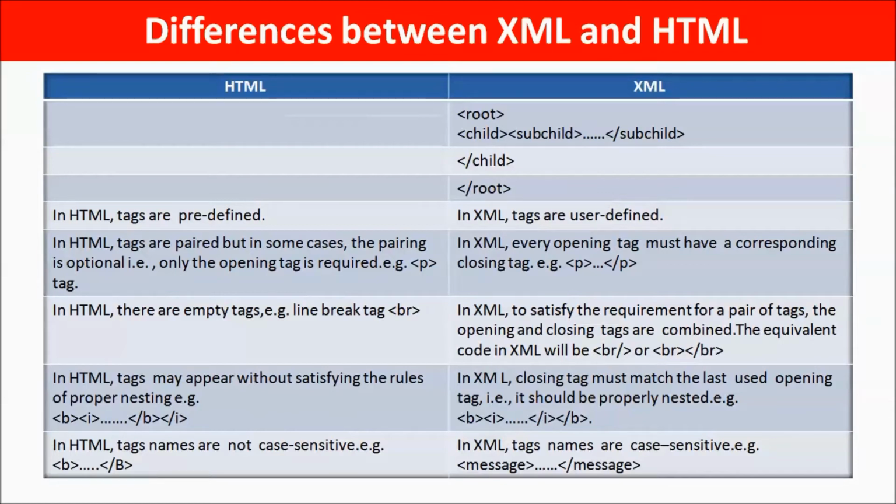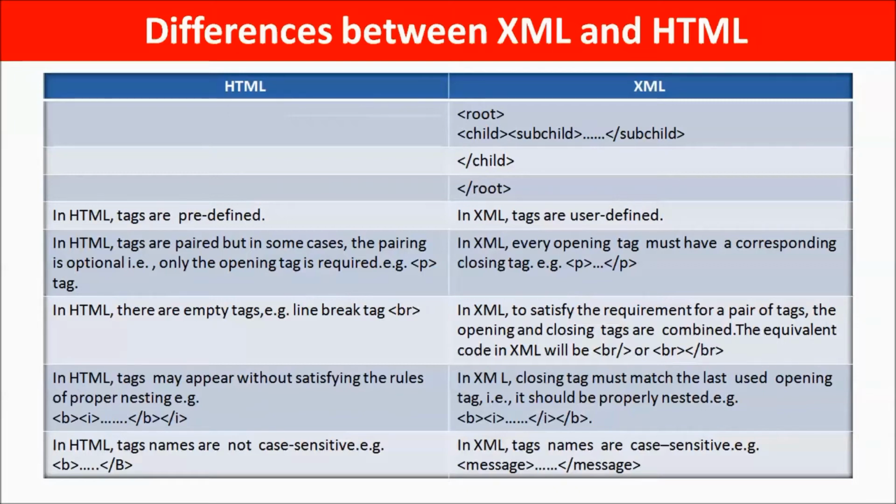Next point, in HTML, tags are paired, but in some cases the pairing is optional. That is, only the opening tag is required, for example the p tag. In HTML, tags are generally paired, meaning opening and closing tags are used together. But sometimes, in some cases, if we use only the opening tag, we still get the output.